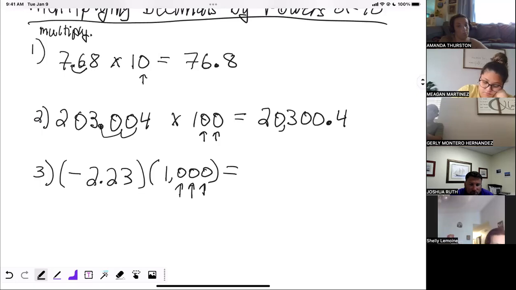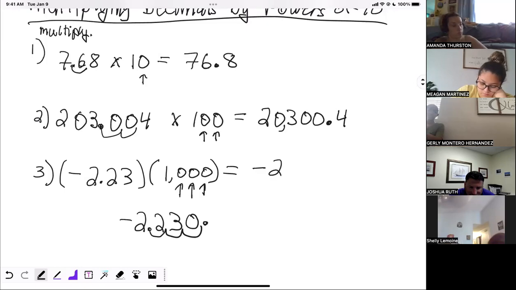Now I'm going to do this down here because I really don't have an extra decimal place to move. So negative 2.23. If I move it 3 to the right, 1, 2, I have to add a 0 and a decimal is going to be there. So my answer is going to be negative 2,230. So remember, we had to add that 0 because we needed 3 decimal places.